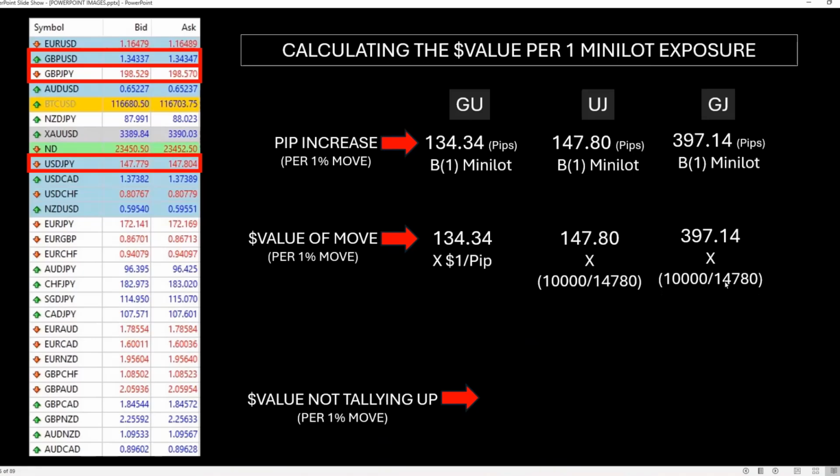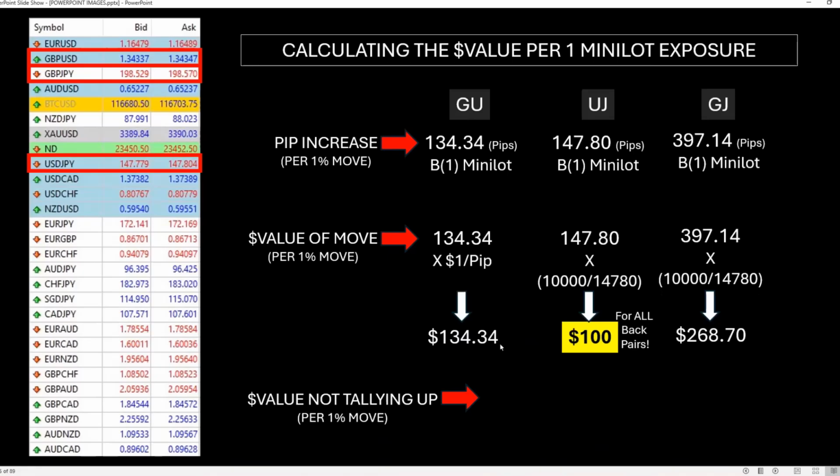That means the same value in dollar terms per every 1 pip move. Okay, so multiply by that, and what you get is this. So for a 134 pip move, based on $1 per pip, the total value of that move, for a 134.34 pip move in the market, is worth $134.34 US.